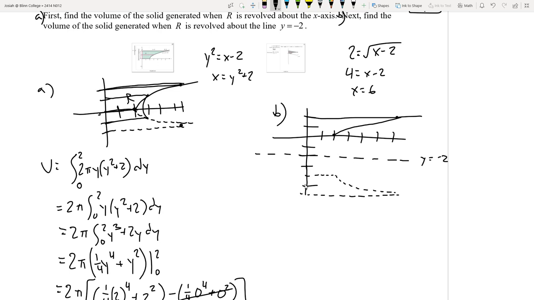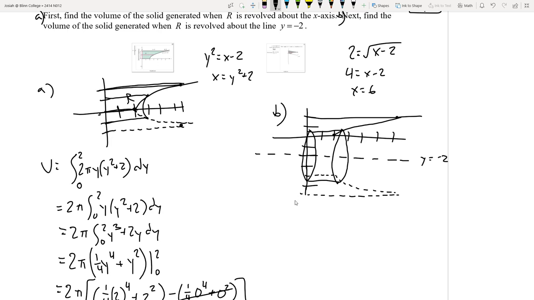Right, so go ahead and take a slice. Again, shell method, because otherwise we would have a really strange washer thing going on here. And so we'll see what this does to our cylinder other than make it very difficult to draw. Start from the bottom. There, that was better. All right.